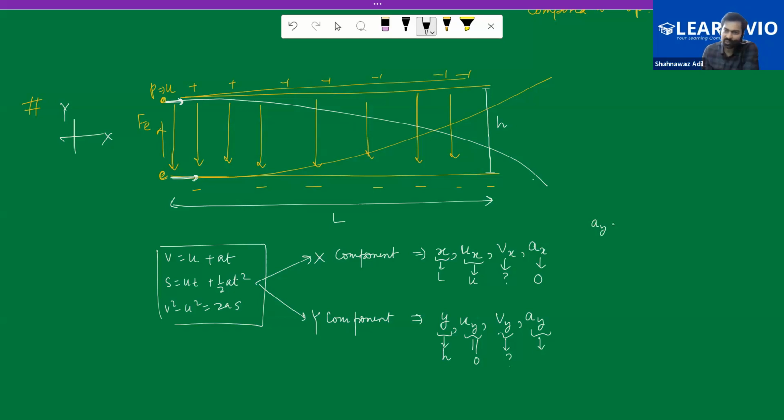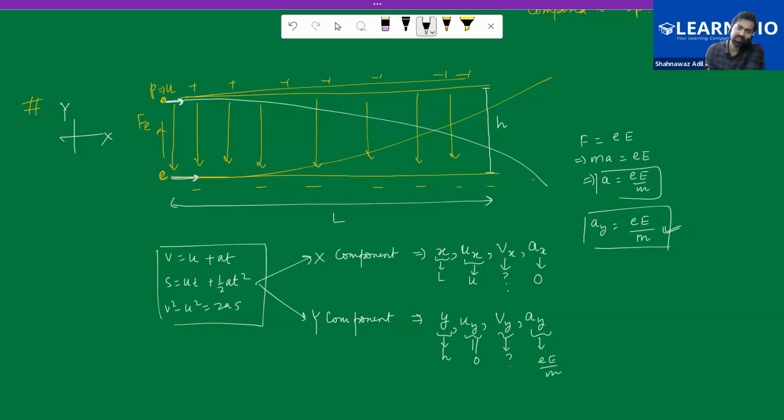It would be eE by whatever mass you have, right? How do we get this? We know that F is qE, that is eE, and then F is ma. So the acceleration would be eE by m. We know that the force is in the vertically upward or downward direction, right? So this would be the acceleration, eE by m.